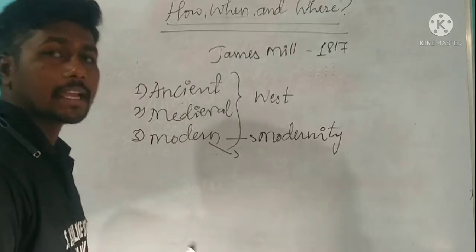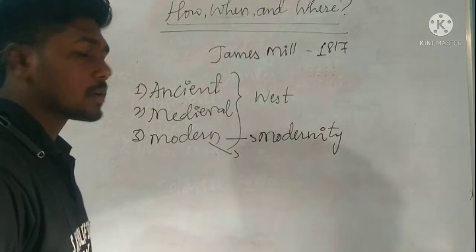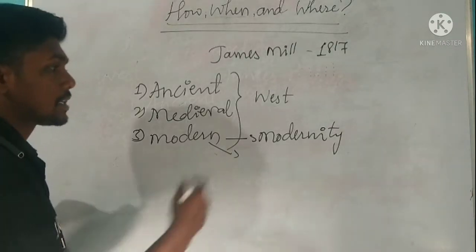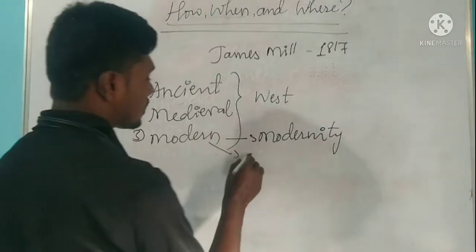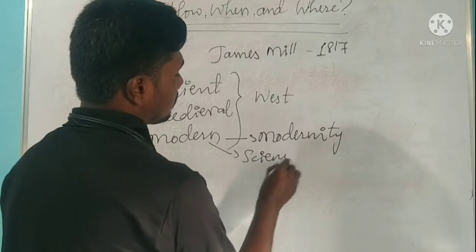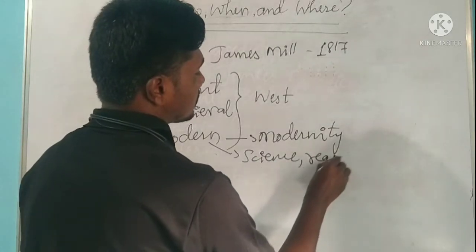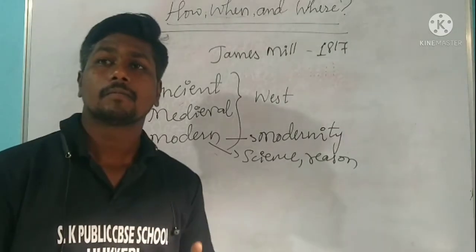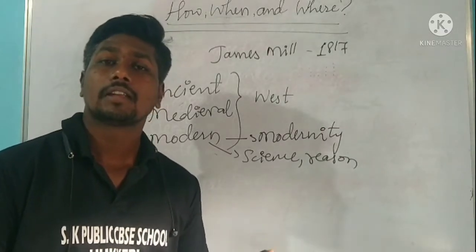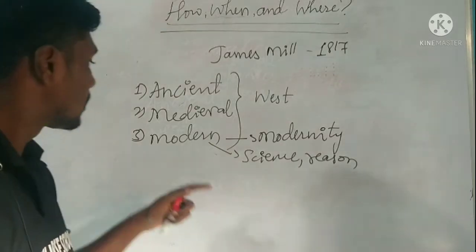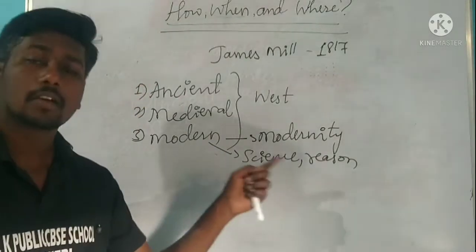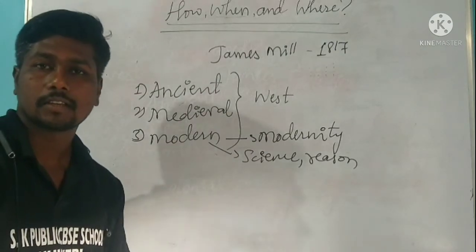All the new areas were developed. Changes took place, growth took place, progress took place in the modern period. That's what is called modernity, especially in the field of science, in the field of reason, as well as democracy emerged, freedom emerged, equality emerged. When? In the modern period. That's why it is called modernity or modern history.